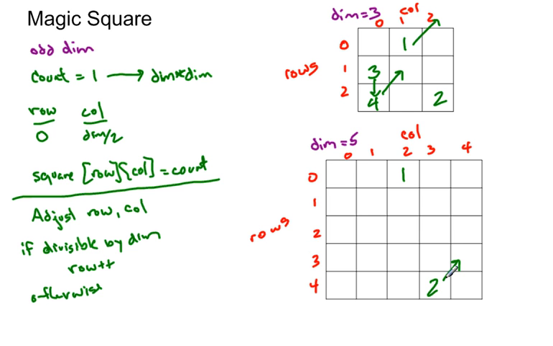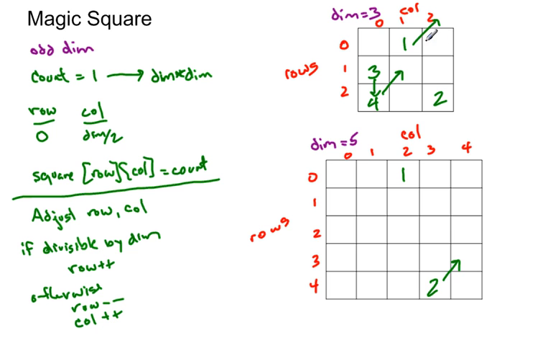Well, our row, in this case, goes from 4 to 3. Or from here, our row goes 2 to 1, which means my row actually decreases. Let's look at our column. Here, my column goes from column 0 to 1, or here, column 3 to 4. So we see that our column actually increases.